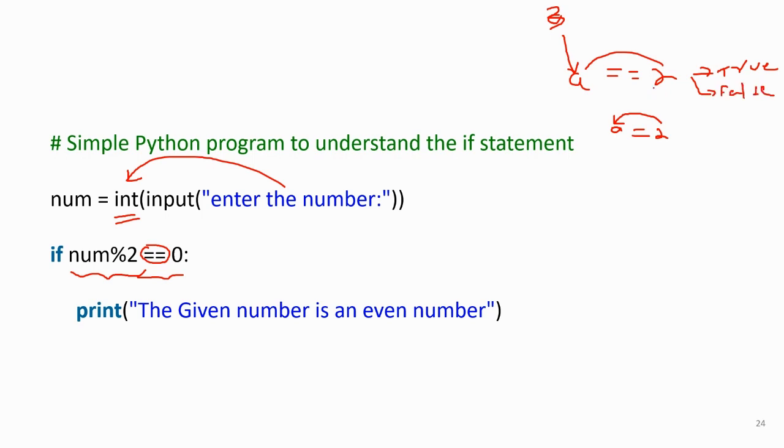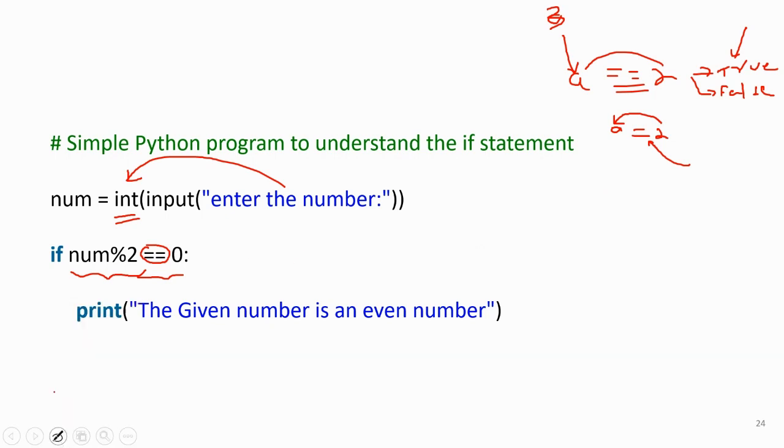For that purpose, we are using this double equal to. It checks whether the values on the left side and right side are exactly equal. If equal, it will return true. If it is not equal, it will return false. But a single equal to means the assignment operator. So you have to understand the difference.